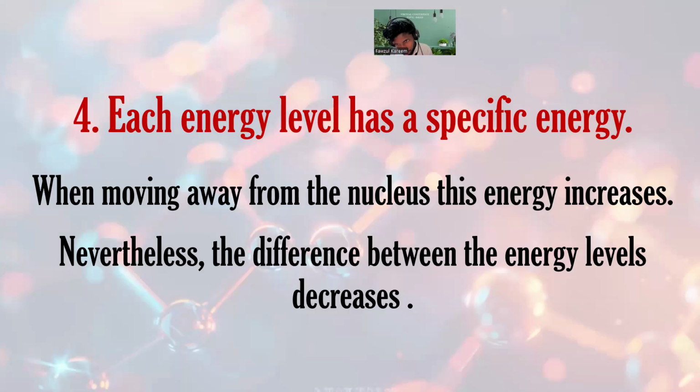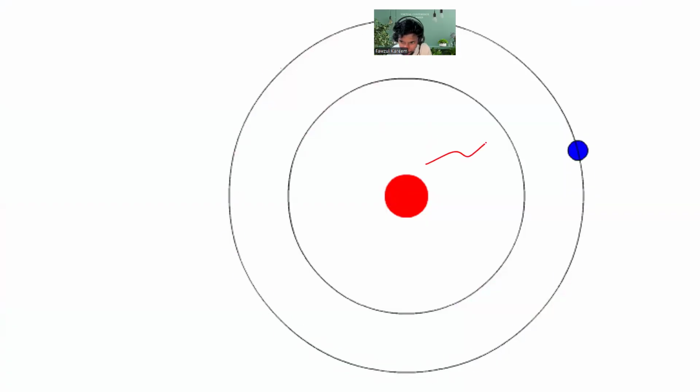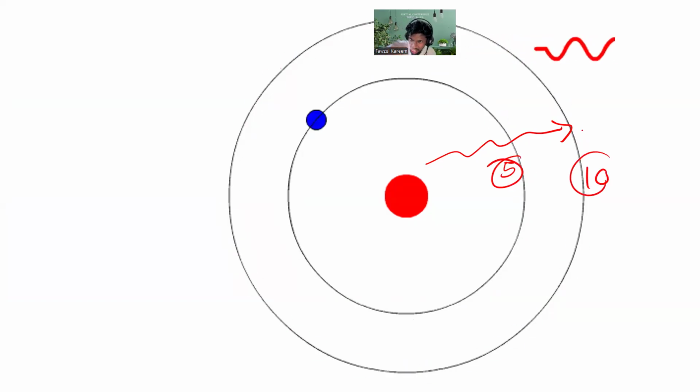You may have a doubt, how? Don't worry about that. Another important thing is that when moving away from the nucleus, the energy increases. For example, if we have 5, they will have 10. When they are leaving away from the nucleus, the energy increases.